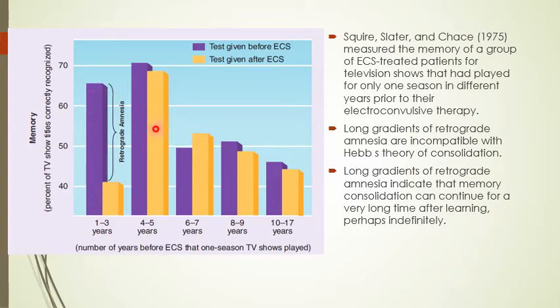Okay, so at the first trial, at the pre-test, ang kining violet is the test given before the electroconvulsive shocks. So for TV shows that were shown 1 to 3 years ago, 65, meaning the patients could identify 65 correct titles.